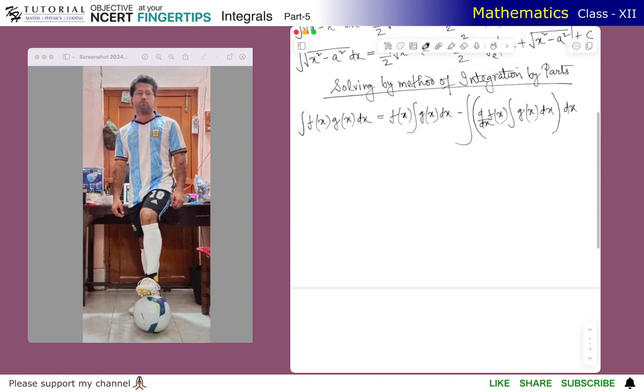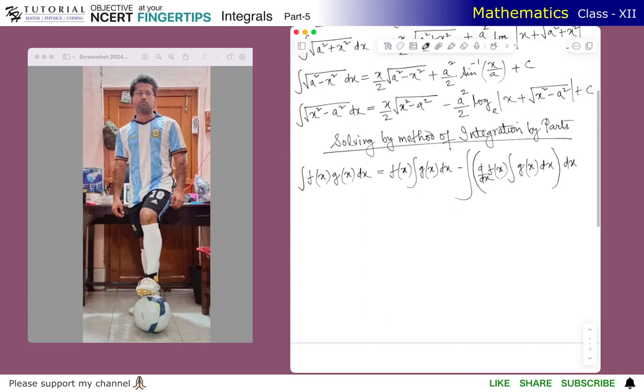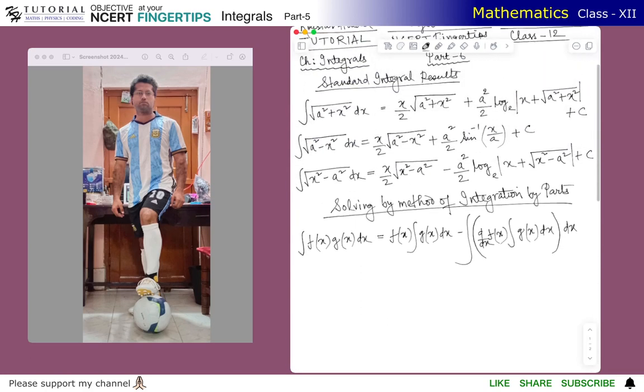The formula for integration by parts: you use it to solve an integral of the product of two functions f(x) and g(x). So the integral of f(x) g(x) dx equals f(x) multiplied by the integral of g(x), minus the integral of the derivative of f(x) multiplied by the integral of g(x).